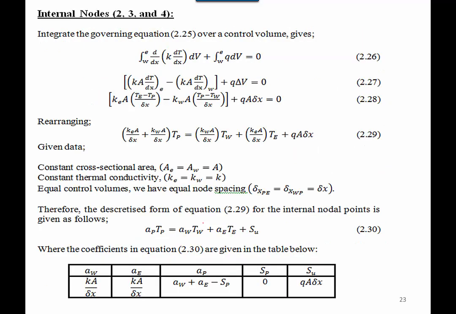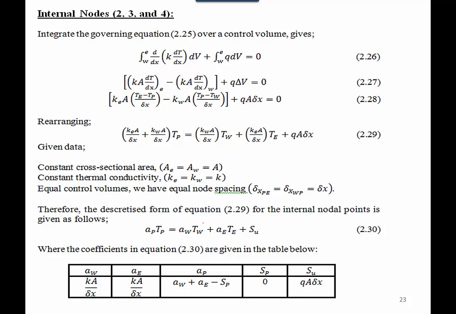So we start the discretization of the internal nodes 2, 3, and 4 control volume. We integrate the governing equation 2.25 over the control volume from west to east, and we continue our solution until we reach equation 2.29.